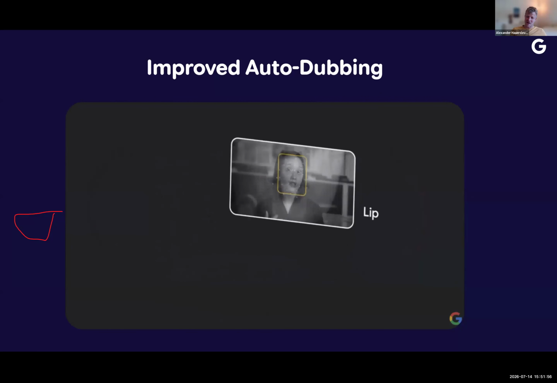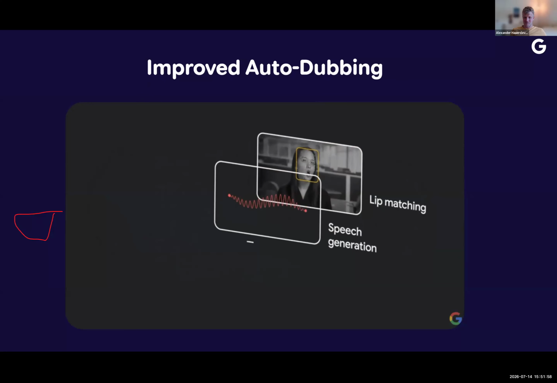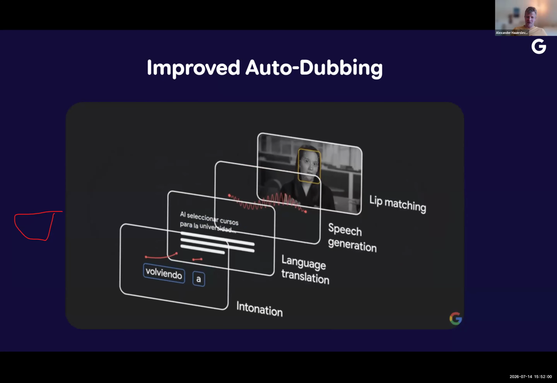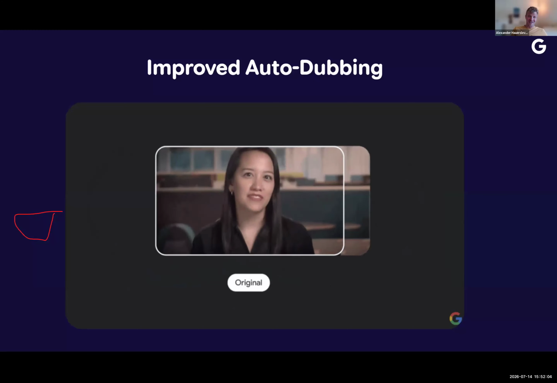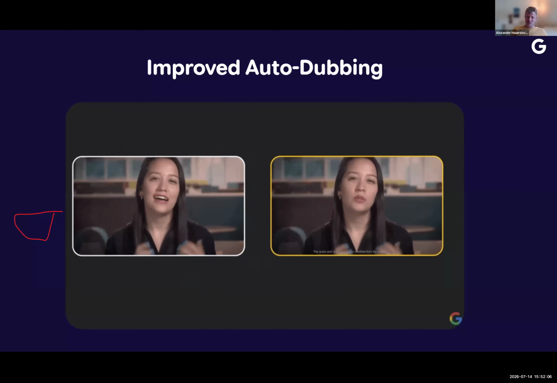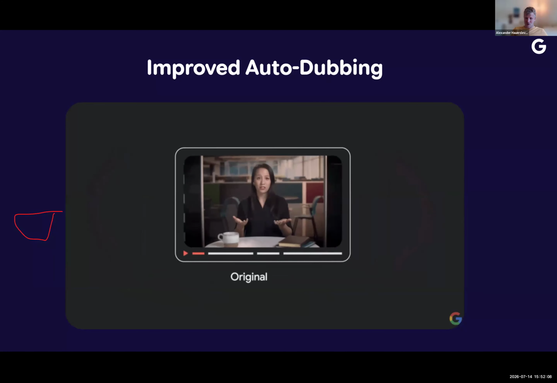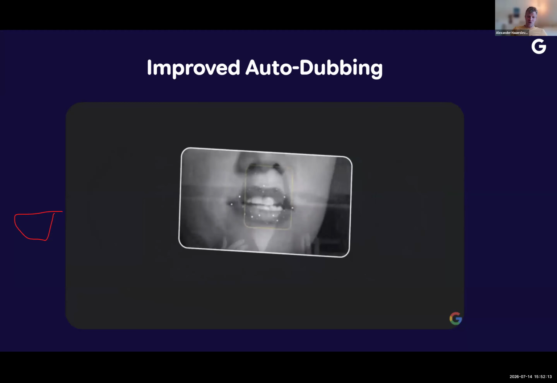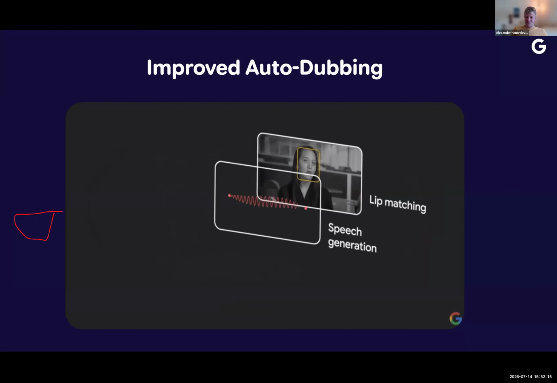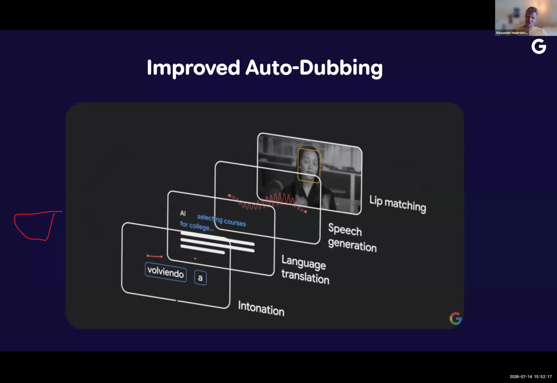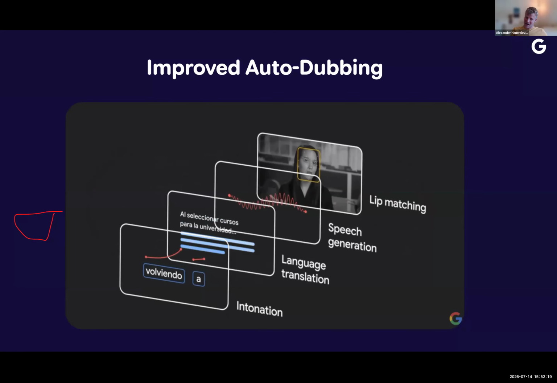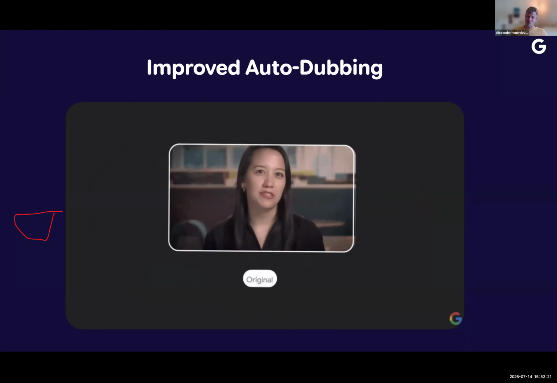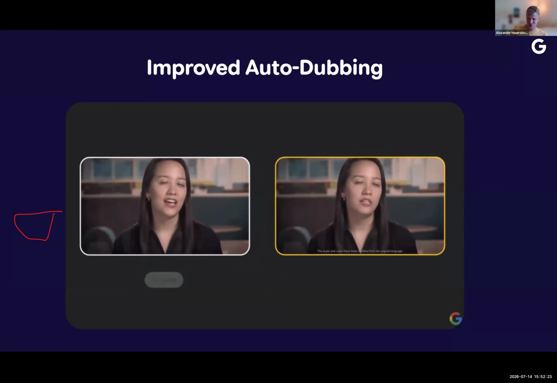We are currently testing out a lip sync pilot that subtly matches the speaker's lip movements to the translated audio. So it feels very seamless to watch, but it's also something that's going to assist people who lip read to understand the speech better. So I highly recommend trying out the auto dubbing feature on YouTube.